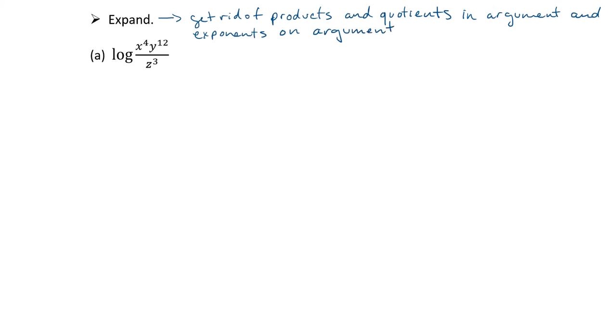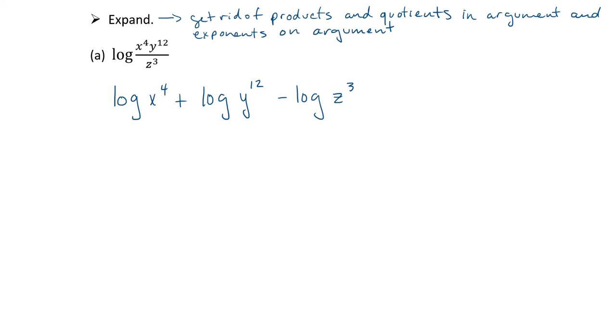So here I have log of x to the 4th times y to the 12th divided by z cubed. This is going to be the log of x to the 4th plus the log of y to the 12th minus the log of z cubed.